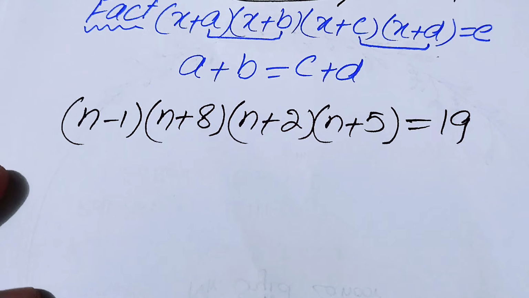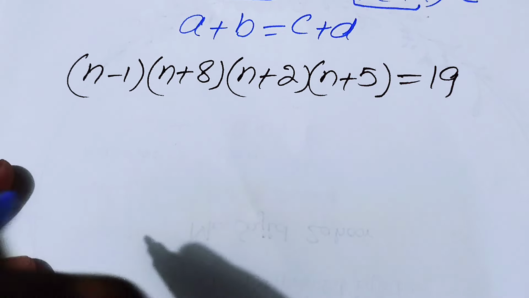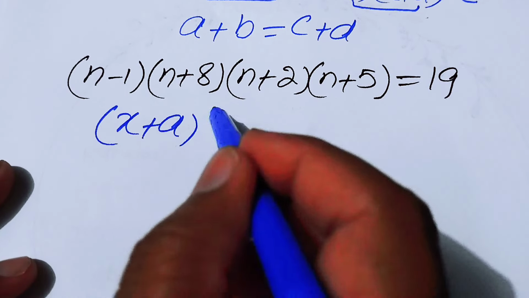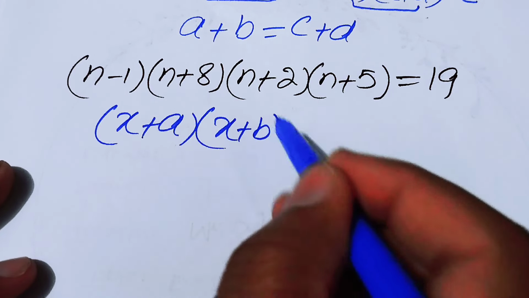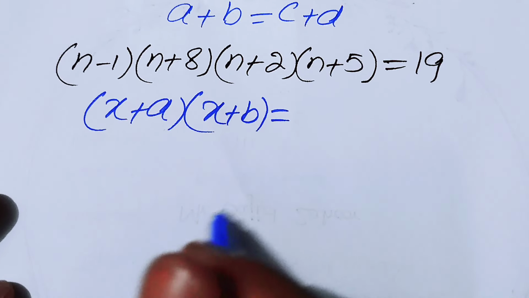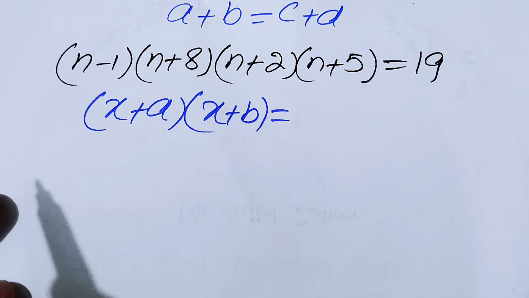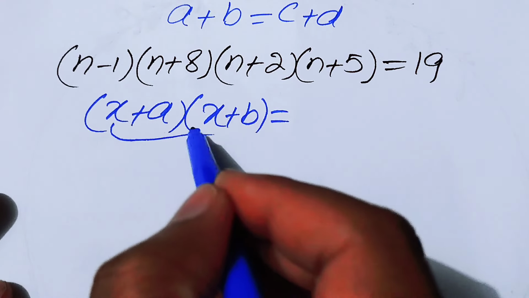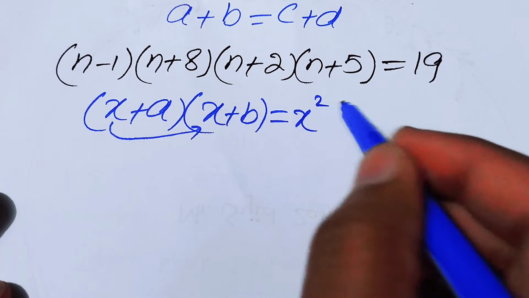After this I can use a nice formula in order to multiply these factors. If you have (x plus a) times (x plus b), you can use this nice and short trick. First multiply x by x and you get x squared.